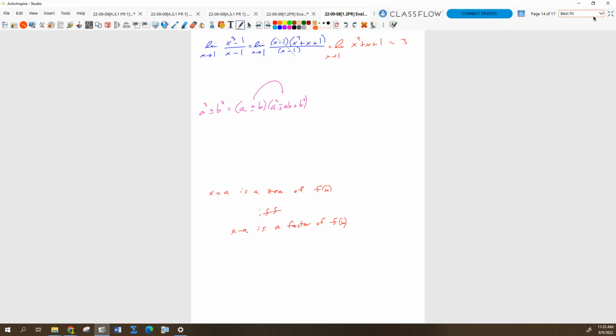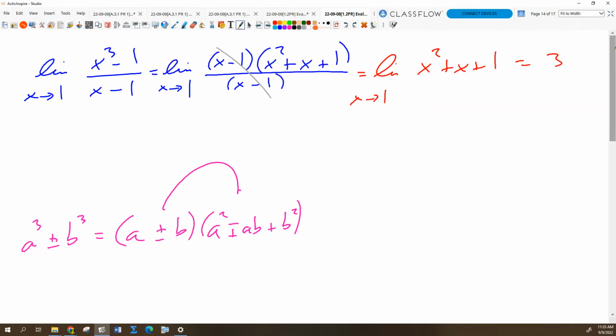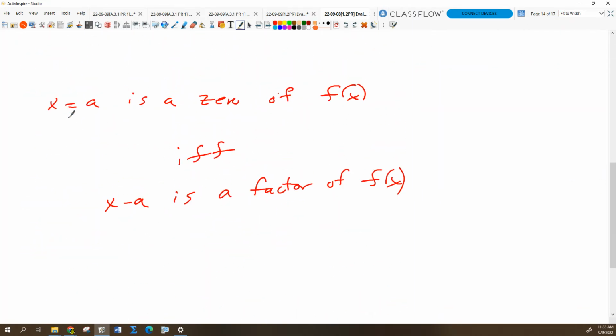Right here. X equals a is a 0 of the function if and only if x minus a is a factor, right? So x equals 0 would be a 0 of the function, right? That's what's causing the 0 over 0, only if x minus 0, which is x, is a factor of the top and the bottom. Everybody agree?